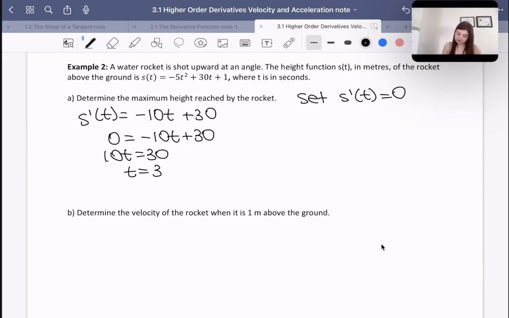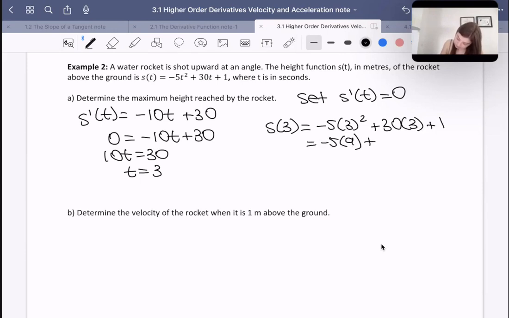So we need to actually plug this into our original equation to find out what is the height at 3, right? At 3 seconds, we know that's the time that will give us the max height. So s of 3 is negative 5 times 3 squared plus 30 times 3 plus 1, which is going to be negative 5 times 9 plus 90 plus 1, which is going to be negative 45 plus 90 plus 1, which will be 46.